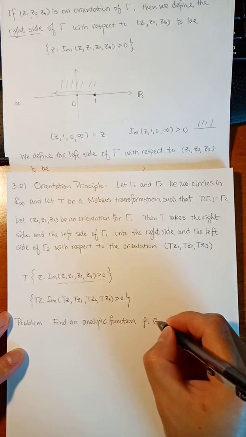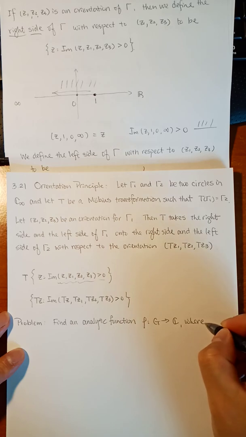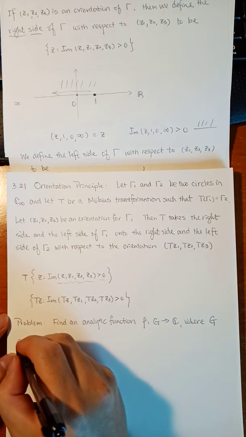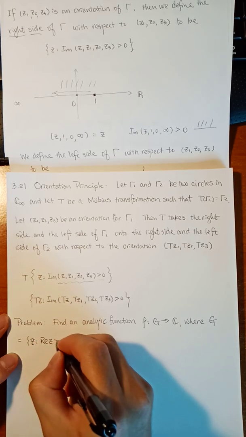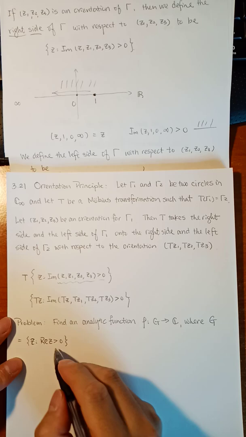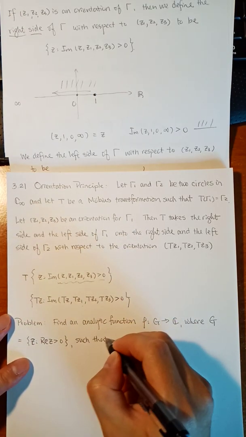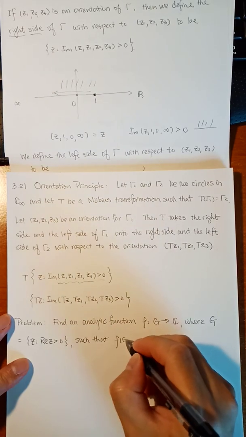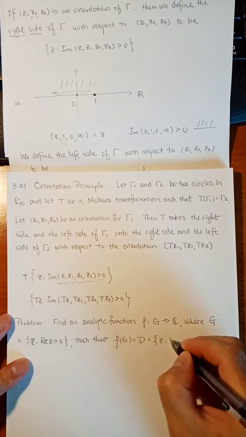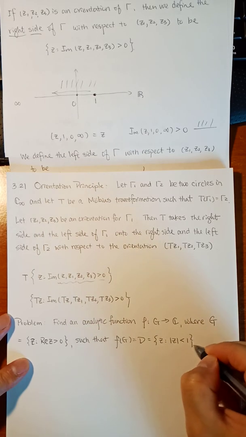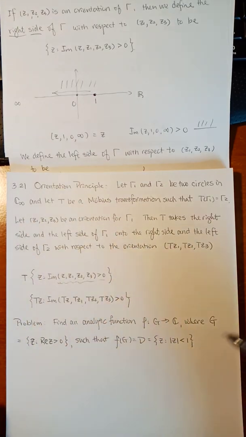f from G to C, where G is the upper half plane, such that f of G is equal to the open unit disk. The upper half plane does not include the real line.